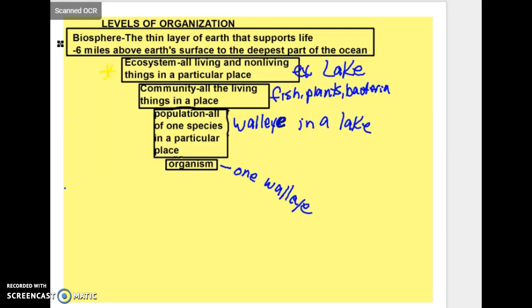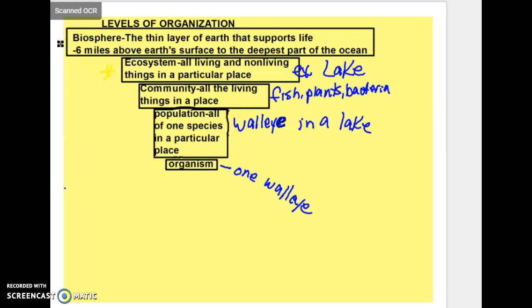In this sphere that we live on, the earth, the biosphere is just that thin layer of earth that supports life. We could think of it like the skin on an apple. If the whole earth was represented as an apple, using that as a model, then just the very thin outer skin of that apple would be the only area where life actually existed.